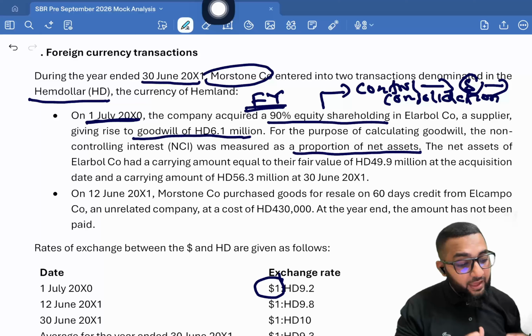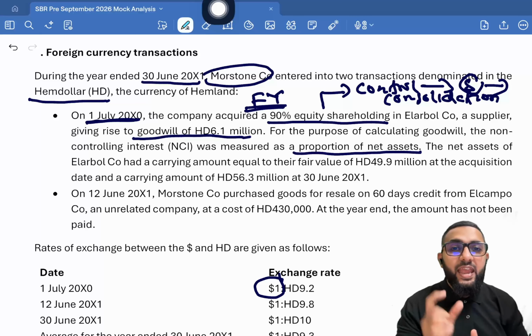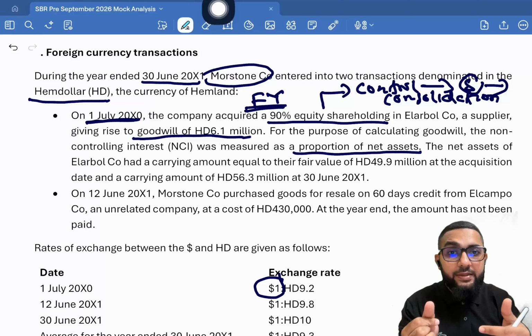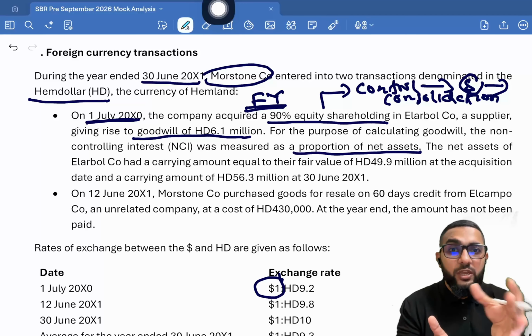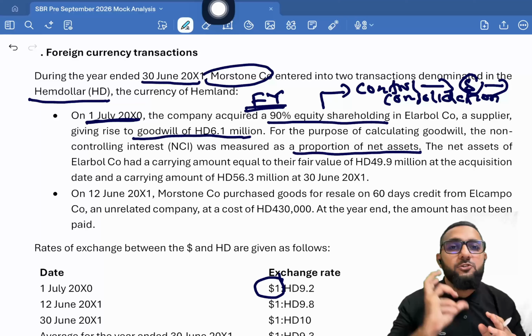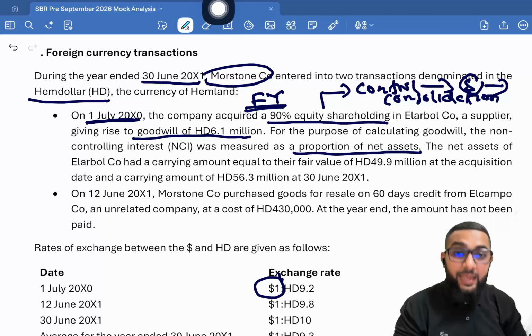But when the NCI was measured as a proportion of net assets, any foreign exchange difference impact or impairment impact would be relevant to the parent only. So any exchange gains or losses arising due to goodwill retranslation would be 100% to the parent. There is no allocation to NCI in that case. Everything else, there is an allocation to NCI.